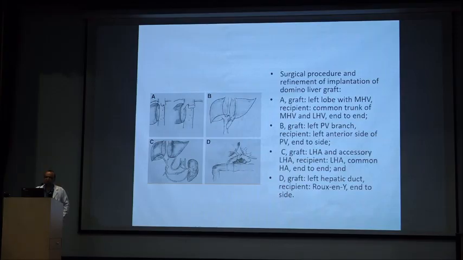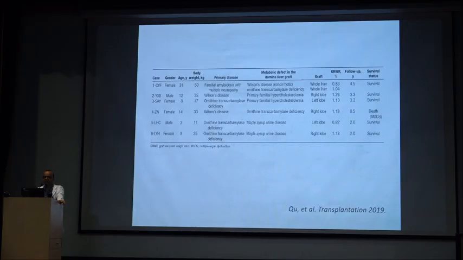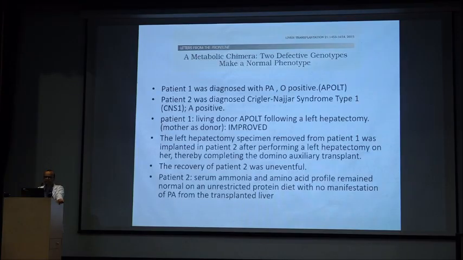Then there is the arterial disconnection and the implantation of the left hepatic artery, and a Roux-en-Y hepaticojejunostomy for the ductal reconstruction. This is a series of almost 6 patients who underwent these procedures and received this auxiliary domino graft, and they reported survival with some problems, with only 1 death because of a surgical issue.